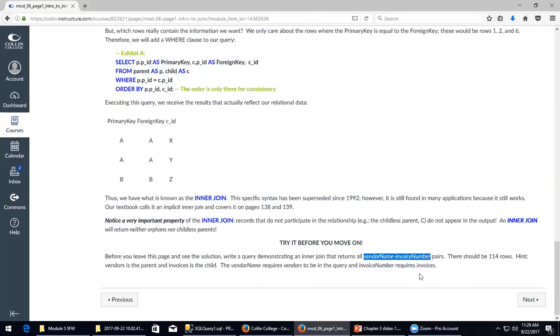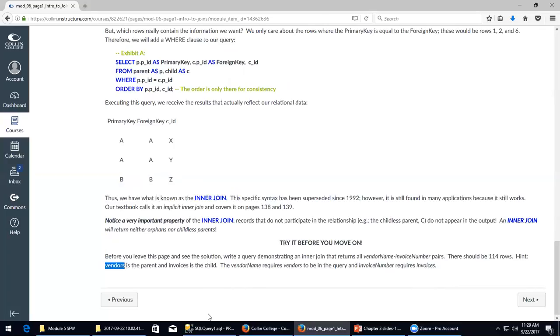That's a good little exercise. I want the vendor names and the invoice numbers. What is the foreign key, primary key to the vendors and the invoices table? What is the primary key of vendors?